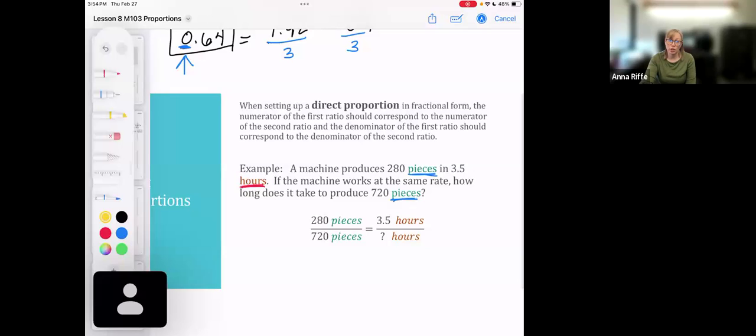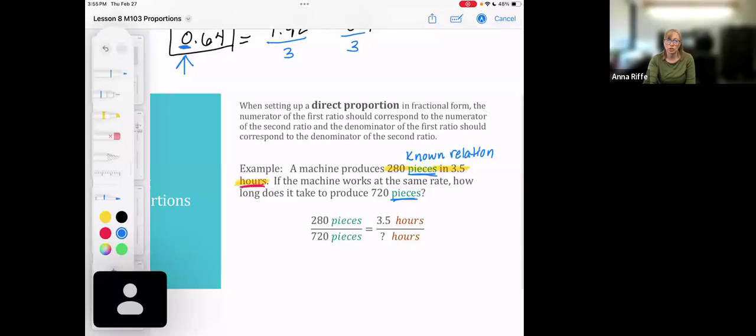Once we know what is changing, we're going to find what is called a known relation between the variables. This first sentence says the machine produces 280 pieces in 3.5 hours, so that is our known relation for this problem.